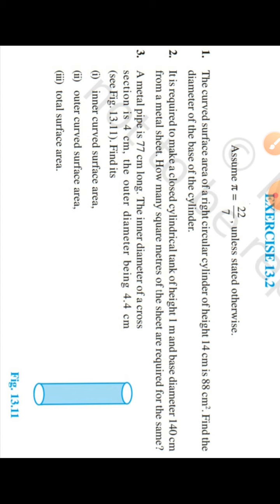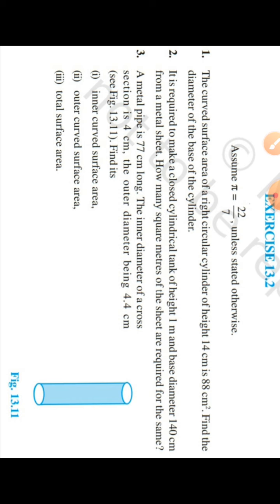Here you can notice height is given in meter and diameter is given in centimeter. Whenever measurements are in different units, you have to convert one into the other, so that both are in the same unit. All this work should be done in the list part only, not in the steps or in the formula.